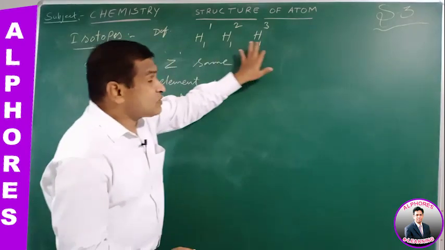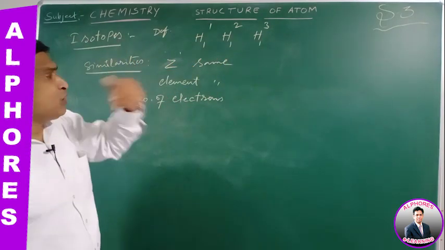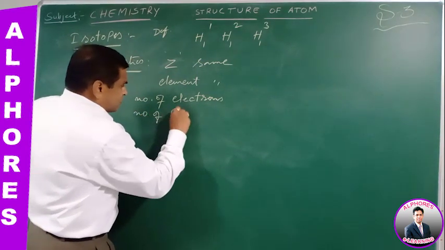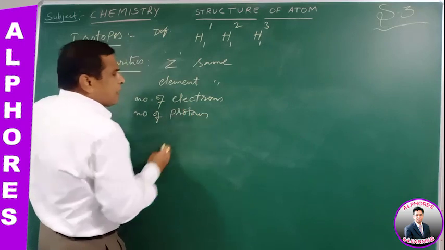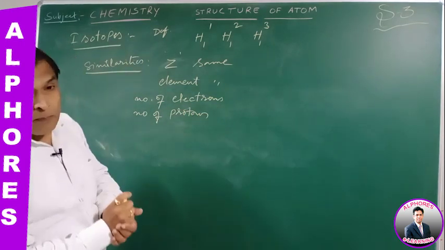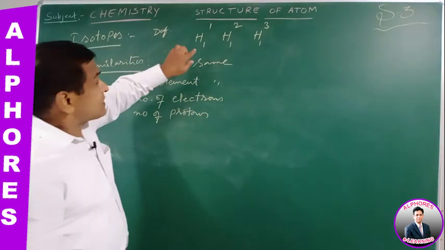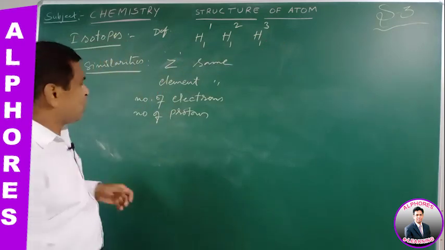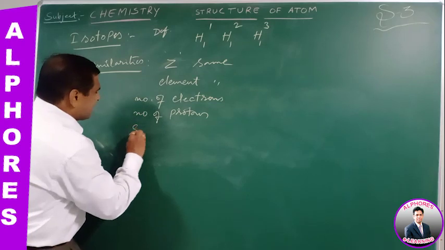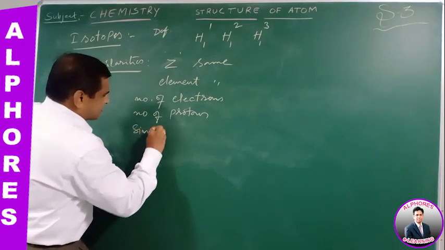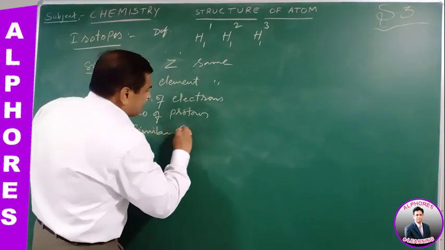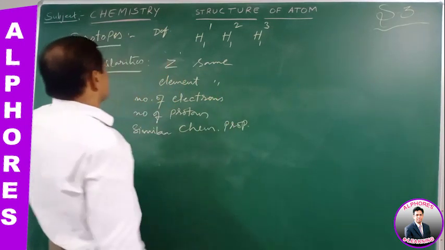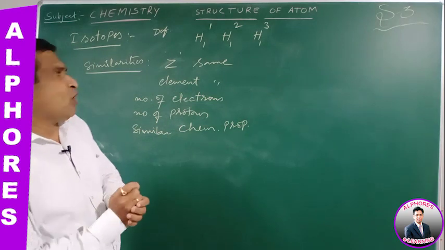Since the atomic number is the same, the number of protons inside the nucleus is also the same. And since the atomic number is the same, they show similar chemical properties.